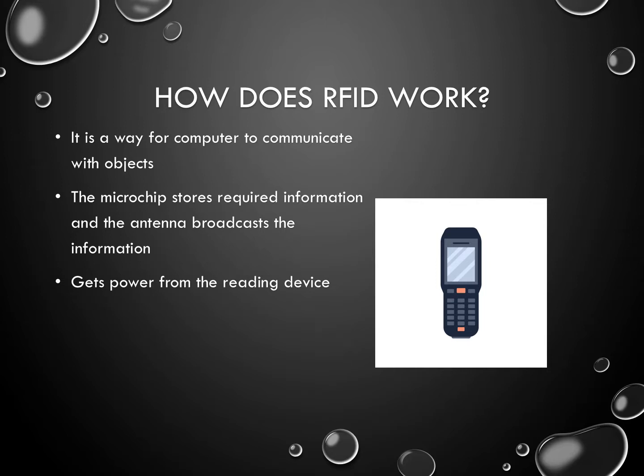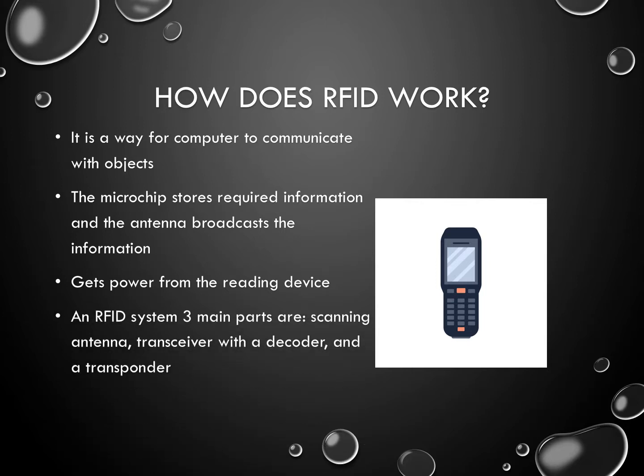Most RFID tags do not run on their own batteries. They draw power from the device that is reading the tag. So the reading device sends out a low energy field which the tag captures and converts to the RFID transmission, which will be received by the reader.